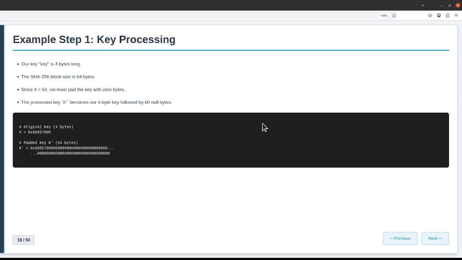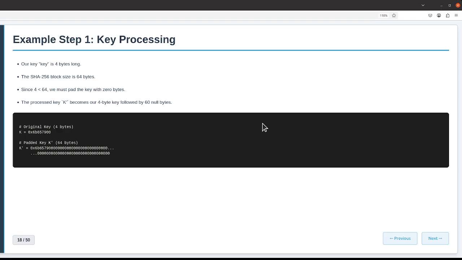Example step. Key processing. Our first step is to process the key to make it exactly 1 block size long. The SHA-256 block size is 64 bytes. Our key is "key", which is only 4 bytes long. According to the HMAC rules, since the key is shorter than the block size, we must pad it with 0 bytes until it reaches 64 bytes.